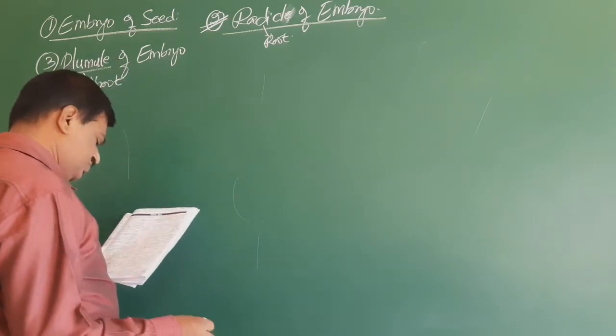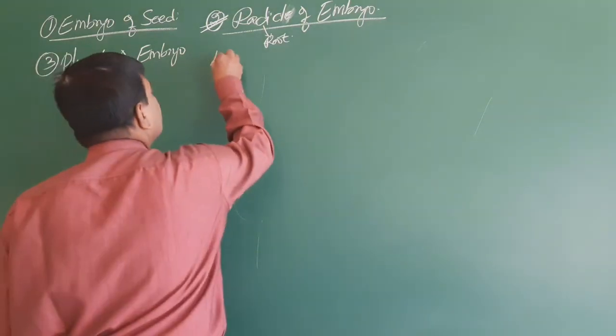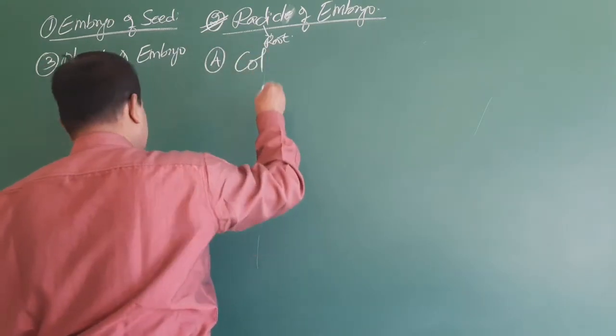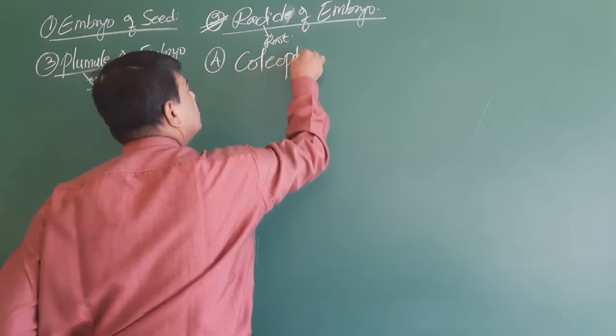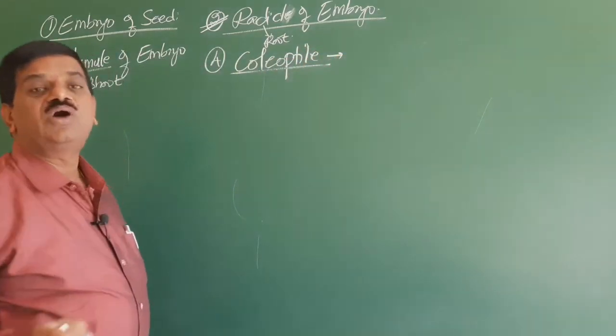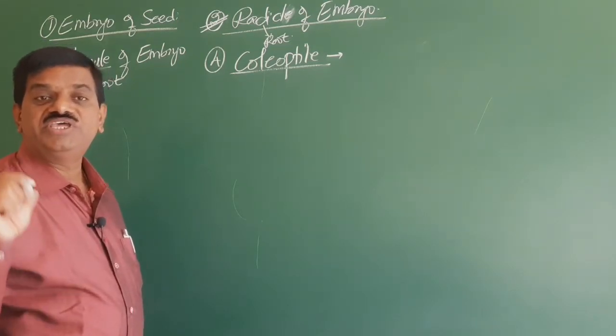And the fourth option is coleoptile. Coleoptile is nothing but the covering of a young leafy shoot.